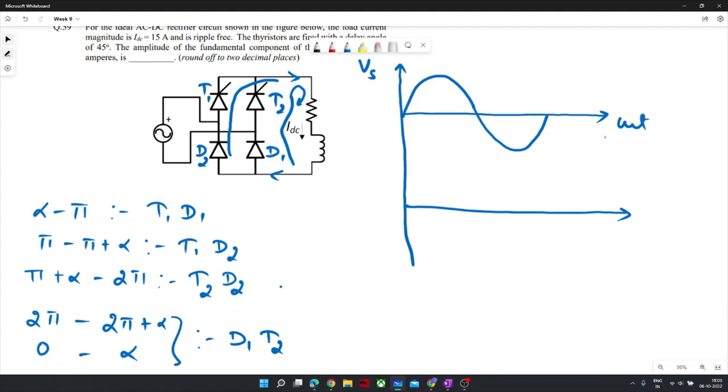This is the omega t axis. Here alpha is 45 degrees, as provided in the problem, so we will draw for that. This is the waveform of V naught.